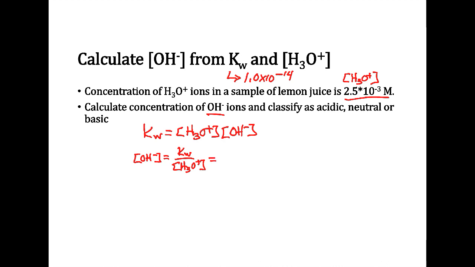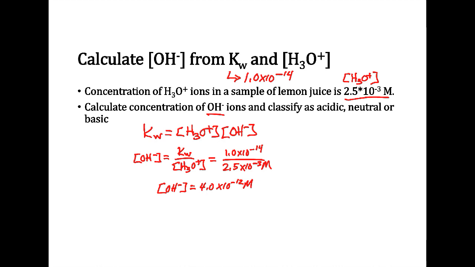Substituting in, for Kw we'll have 1.0 times 10 to the negative 14th divided by the hydronium concentration that was given, 2.5 times 10 to the negative third molar. We'll plug this in, and the OH- concentration is 4.0 times 10 to the negative 12th molar.